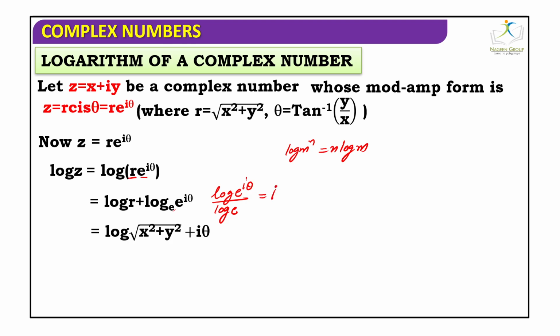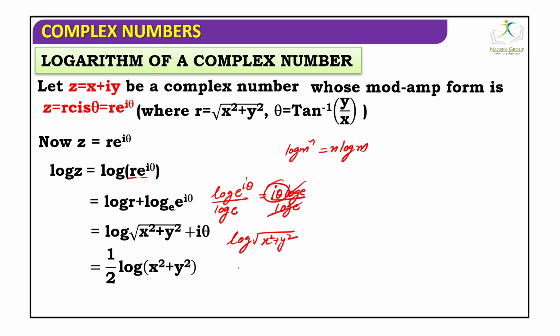So I am writing iota theta into log e divided by log e. Log e with log e cancels. So the remaining part is iota theta. Now with the same formula, we can write log of under root of x square plus y square as log of x square plus y square with the power 1 by 2.